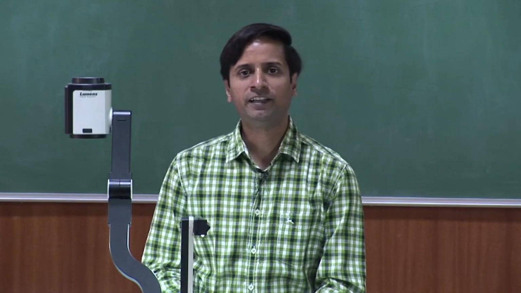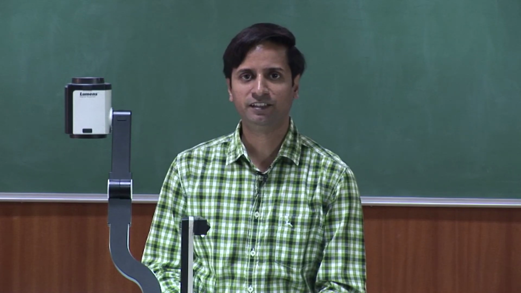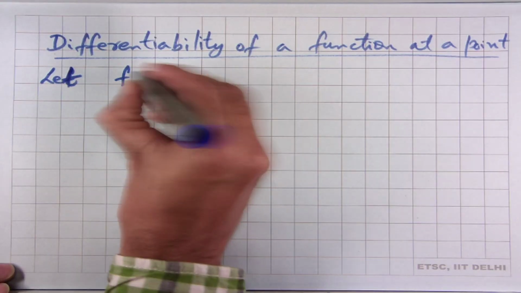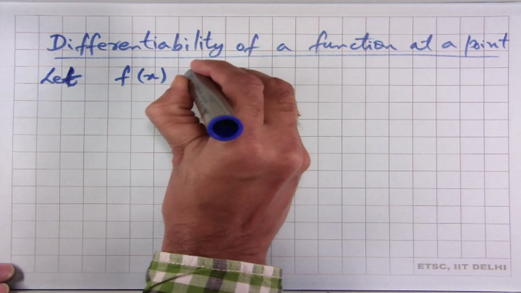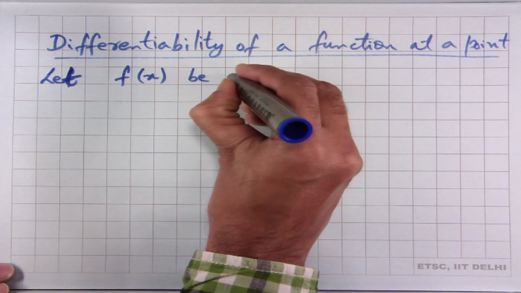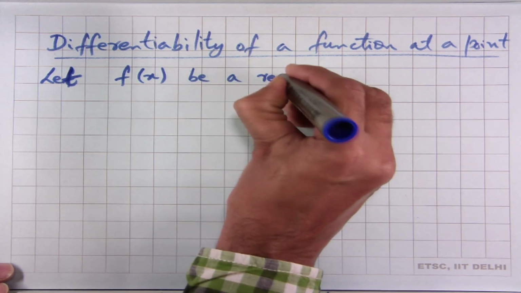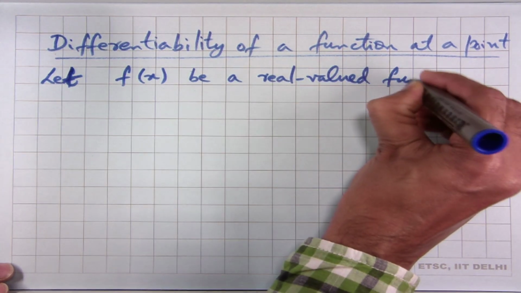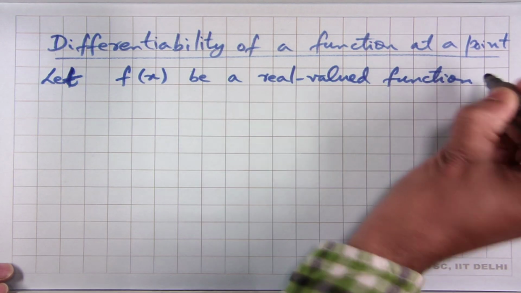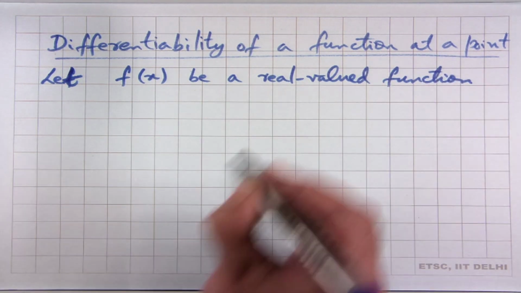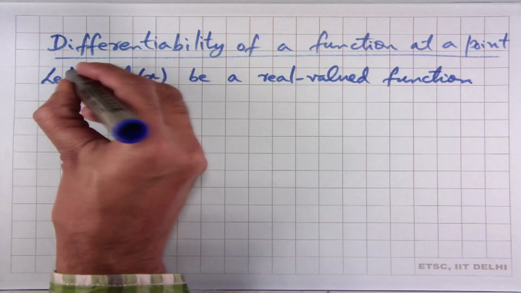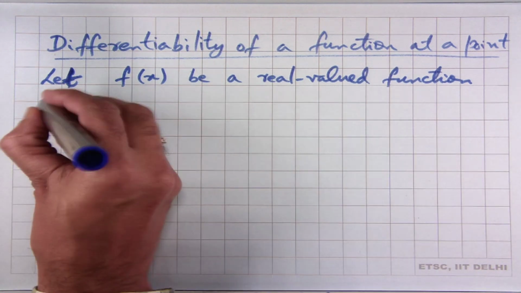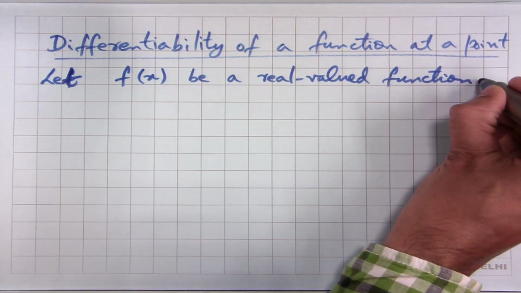But let me go ahead and discuss another concept, which is differentiability of a function. Let f of x be a real valued function, which means that the range of the function is a subset of real numbers.